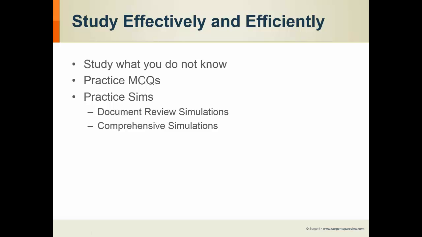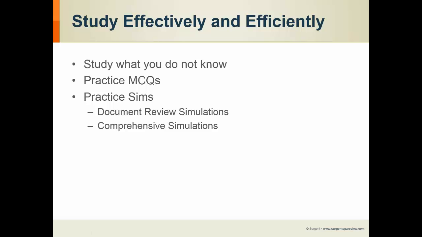We give you a series of multiple choice questions from the actual CPA exam, and we will figure out what it is that you're strong in and where you're weak, and we will come up with a custom study plan for you that will guide you in the direction you need to go to study effectively and efficiently and to get through the exam as quickly as possible with a very good passing score.